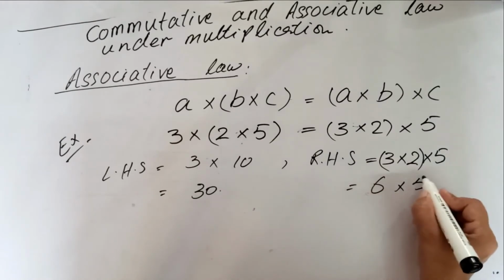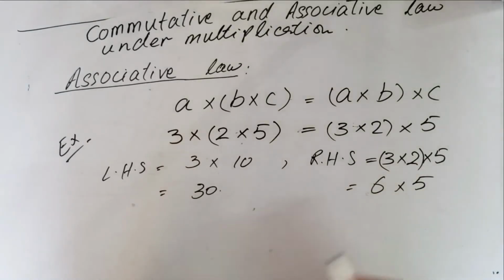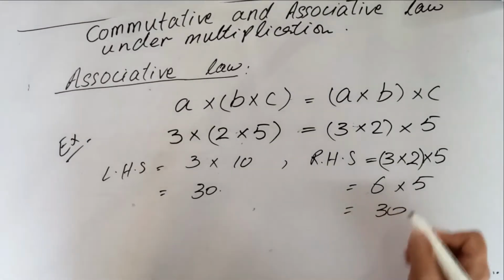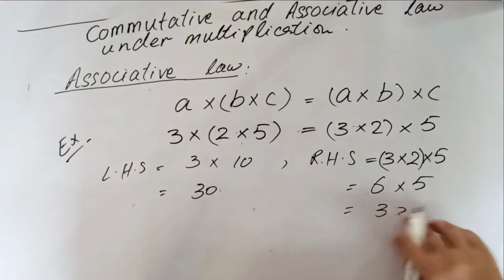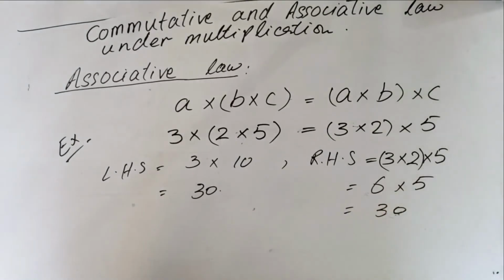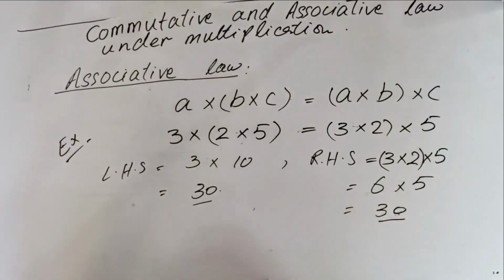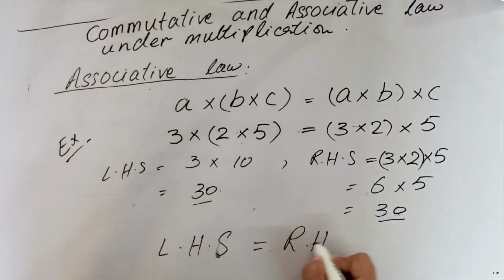Then follow the same rule. 6 5s are 30. So we have same values on left and right. So hence we have proved that left hand side is equal to right hand side.